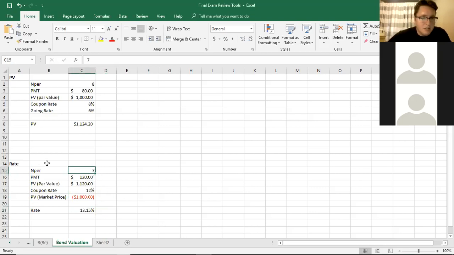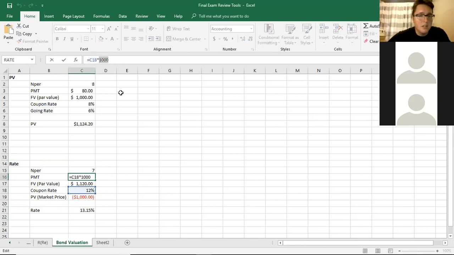So again, just to review, to get the realized rate of return, you're going to use the rate function in Excel, and then you're going to do the number of periods that passed before they called the bond, not what would be remaining. So 7 years in our case. Make sure you correct the payment to be based off of the $1,000 value.